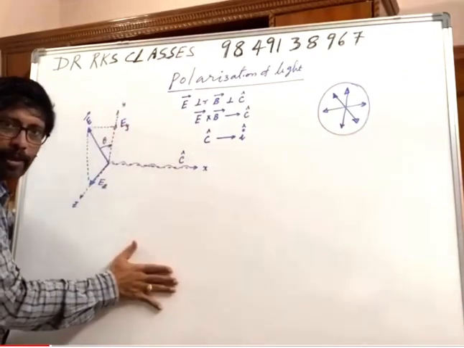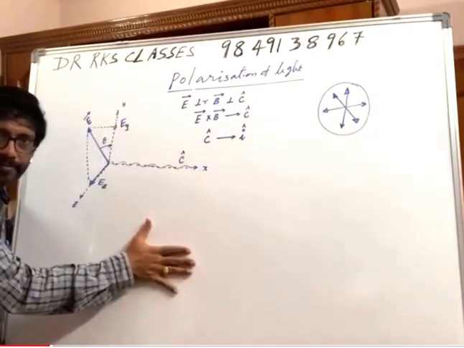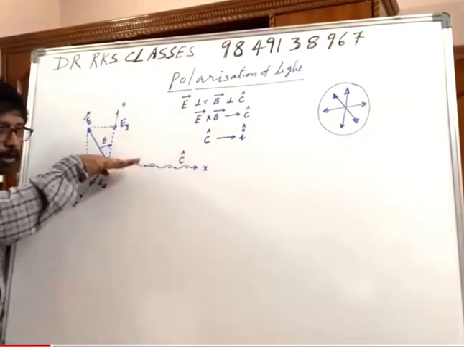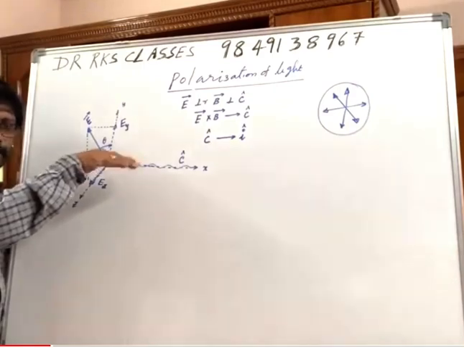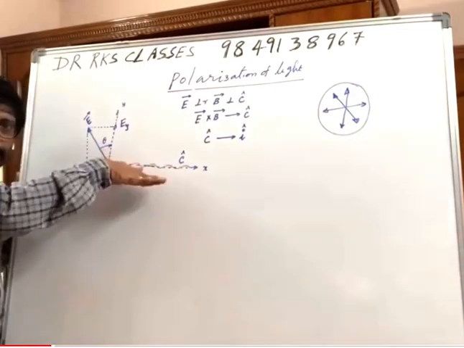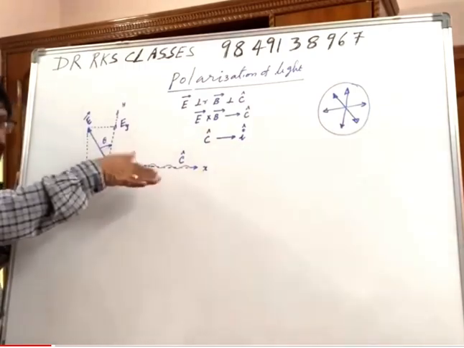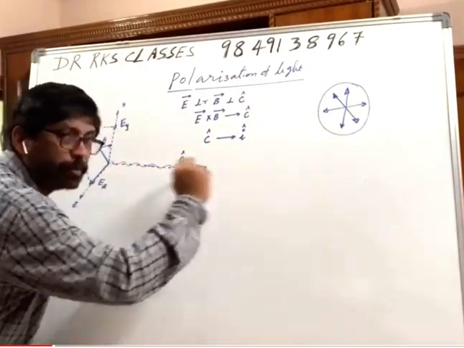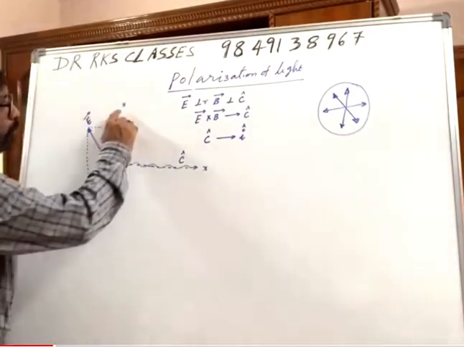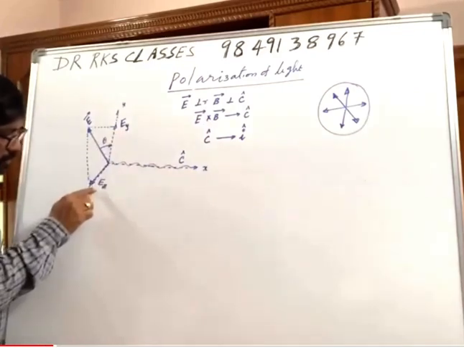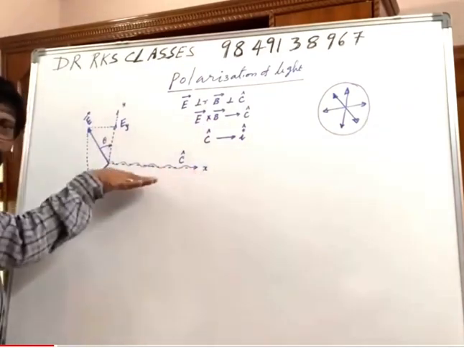I'm taking my board as the plane. And z component means perpendicular to the plane of the board. This is z-axis, this is x-axis, xz plane. It is yz plane. And both planes contain the direction of propagation, x-axis.